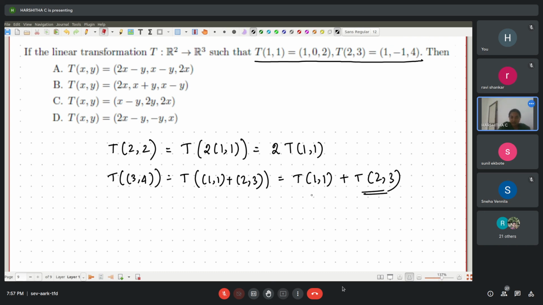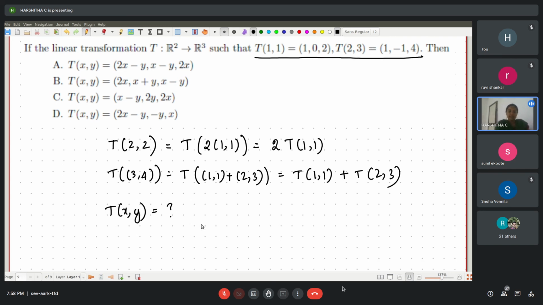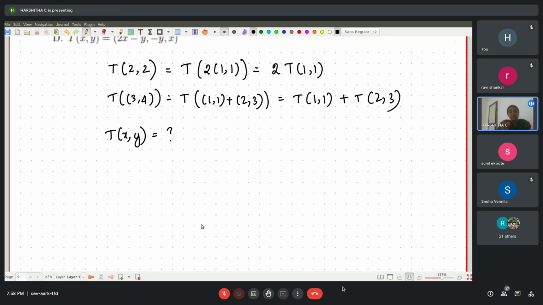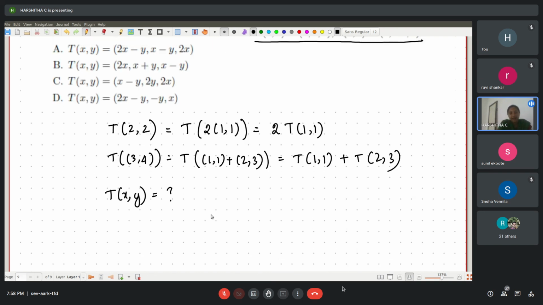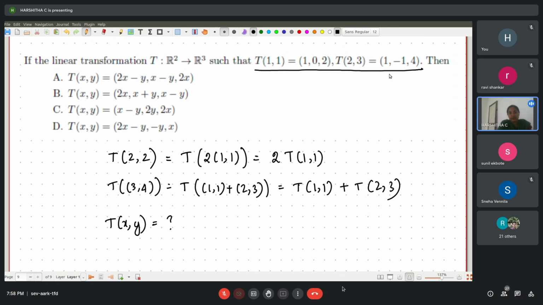Now instead of going vector by vector, we want to see what is T of (x, y) in general. So what does that mean? We have to see how to write a general vector (x, y). Suppose we give you some (x, y), like (5, 6) or (7, 8) or (-5, 3). Can you write it as some linear combination of (1, 1) and (2, 3)? All we know is the value of T of (1, 1) and T of (2, 3).